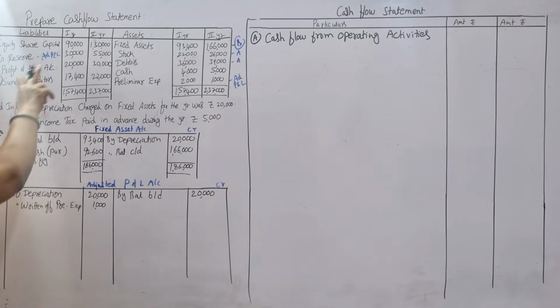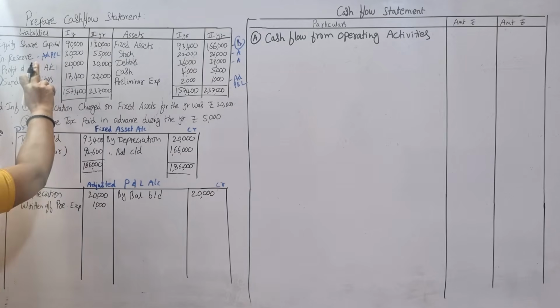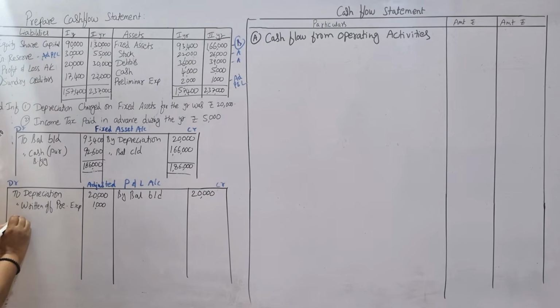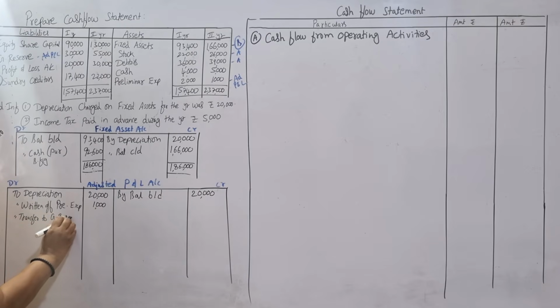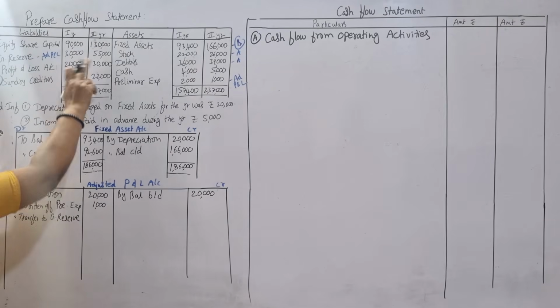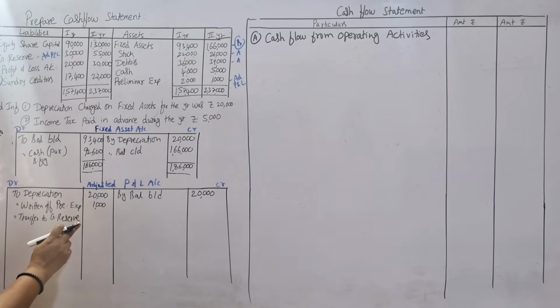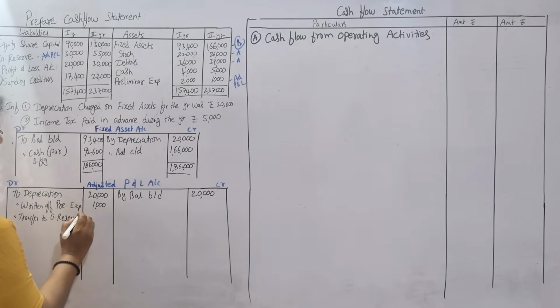Then after that, general reserve. Transfer to general reserve we will say. The general reserve difference is here: 30 minus 20, 55 means 25,000.